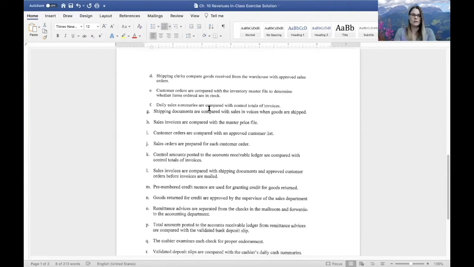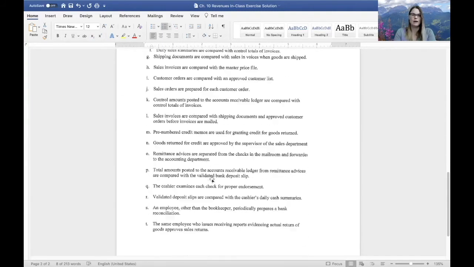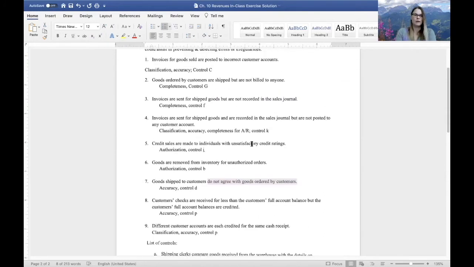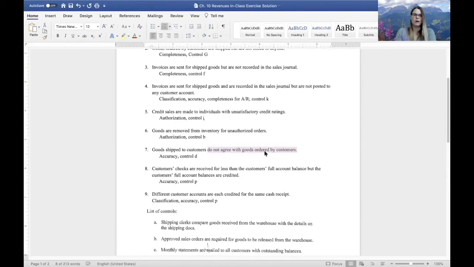And control N is talking about goods being returned. So that would be happening subsequent to all of this in the sales process, right? So it's way after the customer receives the goods, then they're going to be thinking about maybe returning things, right? So N might almost happen after they received the wrong quantity, maybe they want to return some of it, maybe then that needs to be approved.